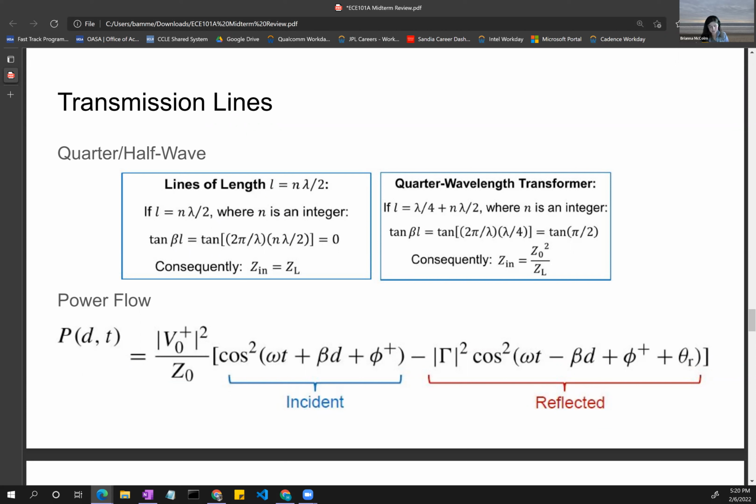The incident and the reflected power are going to sum up overall to a percentage of 1. So if you're looking at a question that asks about power, which we'll do an example of, you can expect the overall percentages of power to sum up accordingly.